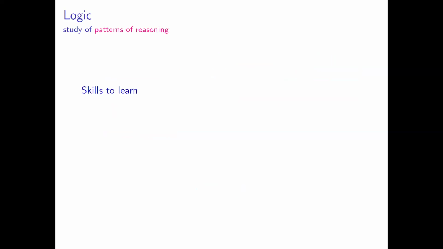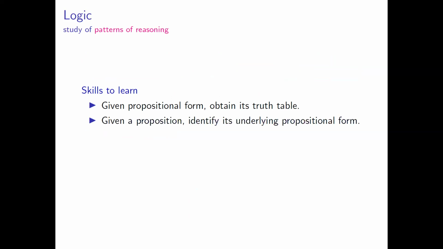The following are the skills that you are expected to learn. First, given a propositional form, you should be able to obtain its truth table. This is fairly easy. Second, and much more challenging, given a proposition written in words, you should be able to identify the underlying propositional form.